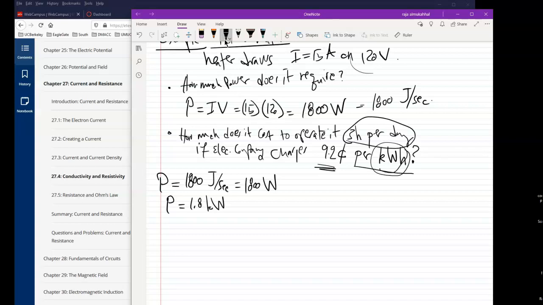Now, kilowatt hour means you multiply it by hours. Here's a better way of doing it. I have 1.8 kilowatt, and I'm using it 3 hours per day. The company charges me this much, and I get the bill once a month.